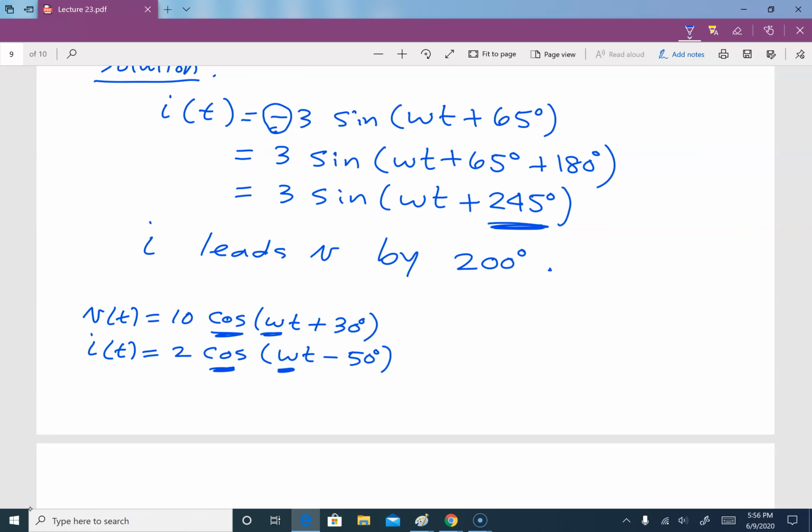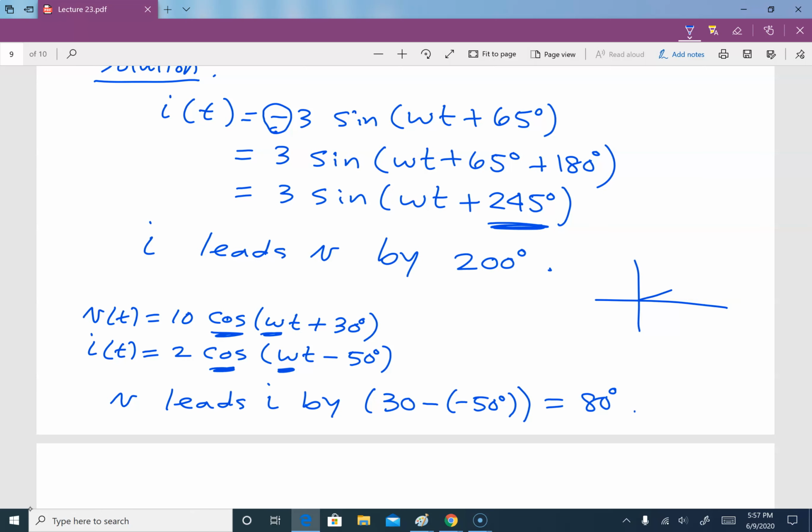So we can say our V leads I by 30 minus negative 50, which means by 80 degrees. Because if I have this at 30, that is our V, and our I at negative 50, right? So the whole thing here is 80 degrees. That means the V leads the I by 80 degrees.